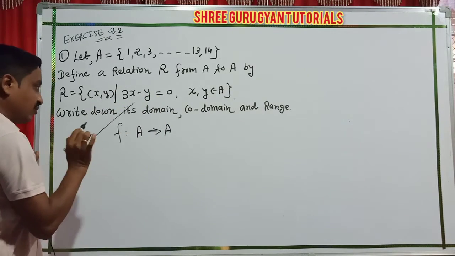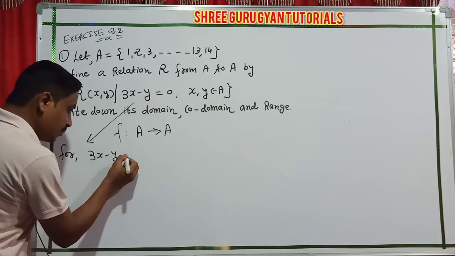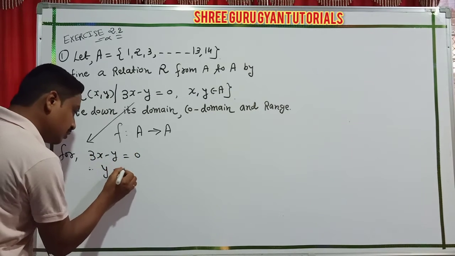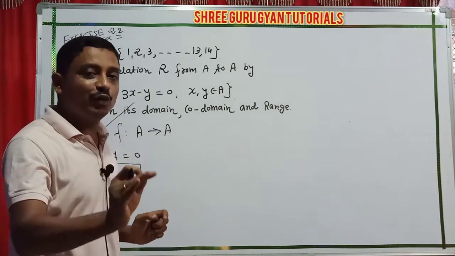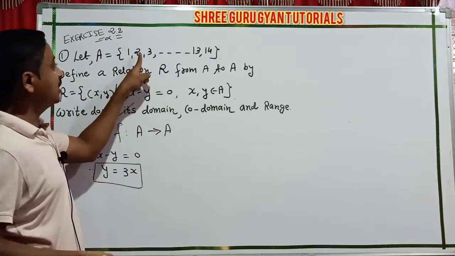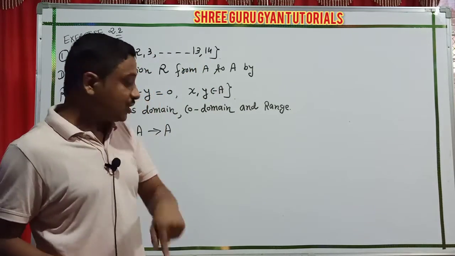So I start from here: 3x minus y equals 0, so y equals 3x. Now I start putting the values of x from A, 1, 2, 3, 4, 5 up to 14, but the relation is from A to A.